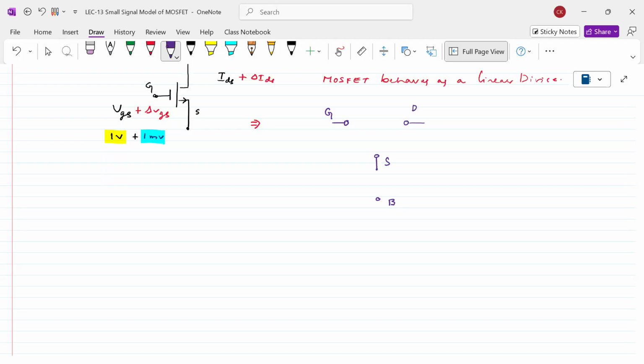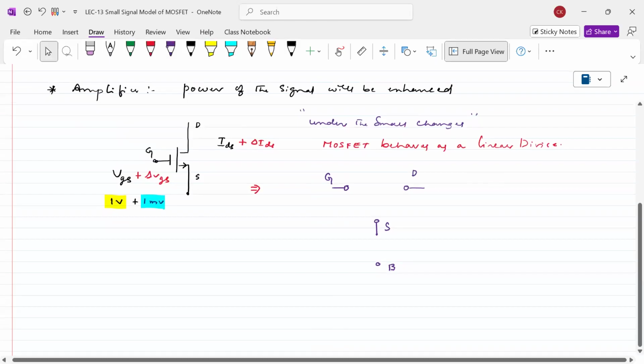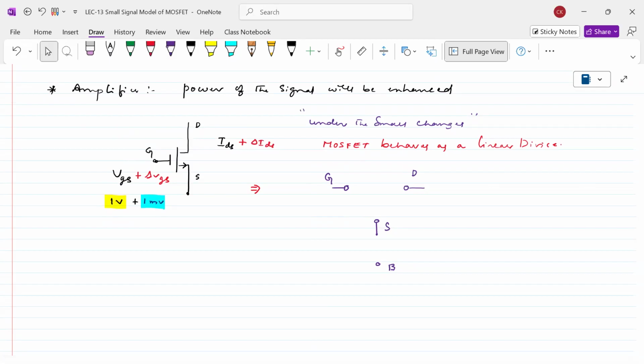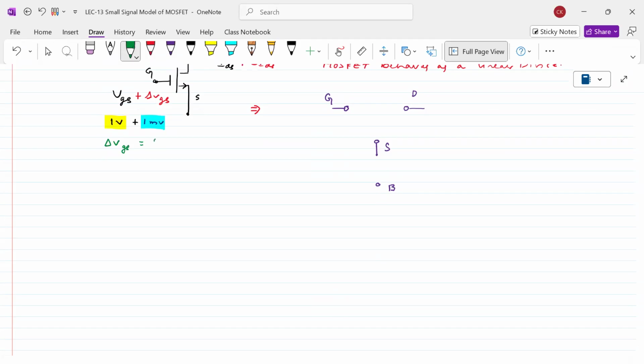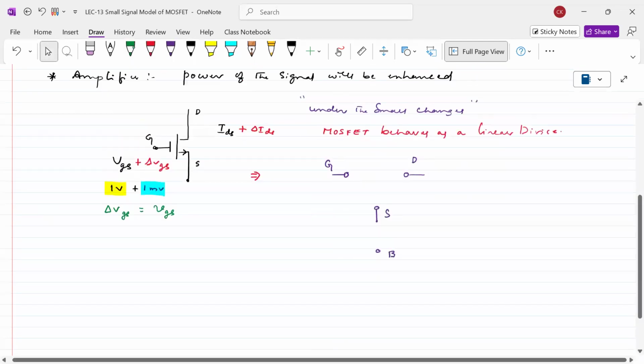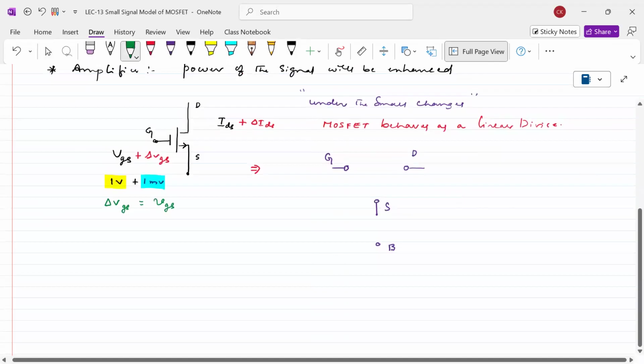When we apply a small change in VGS, IDS also changes. The change, delta VGS, for simplicity I'm writing as a small vgs. Here also we write a small ids, small id.